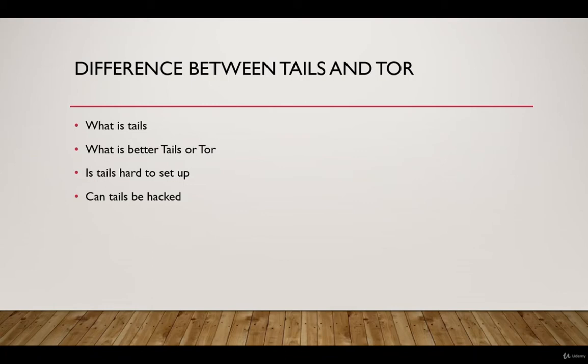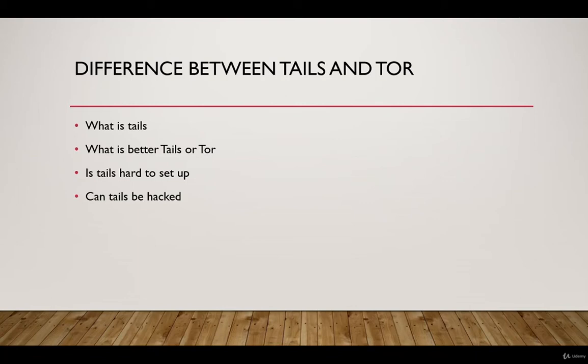This means that you can connect directly to the deep web on any computer that you want without leaving any trace that you used a computer to connect to the Tor browser. This is why it's cool using Tails, and that's why in general Tails is a bit better than Tor.